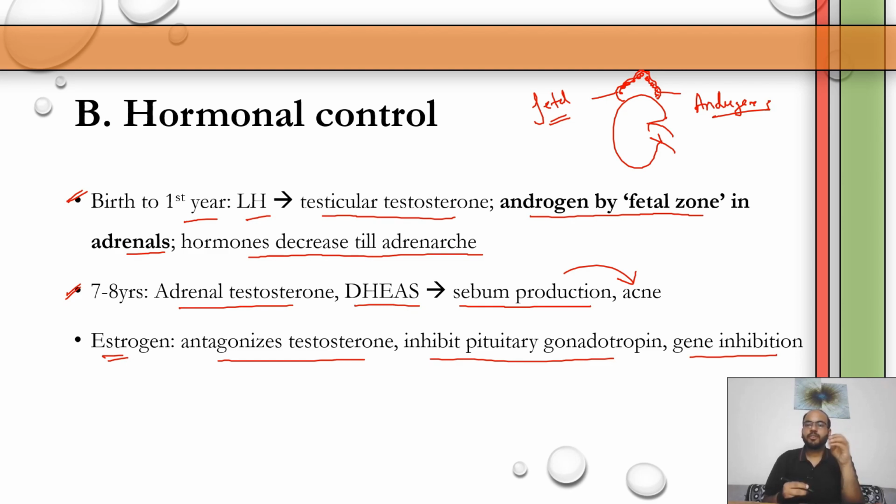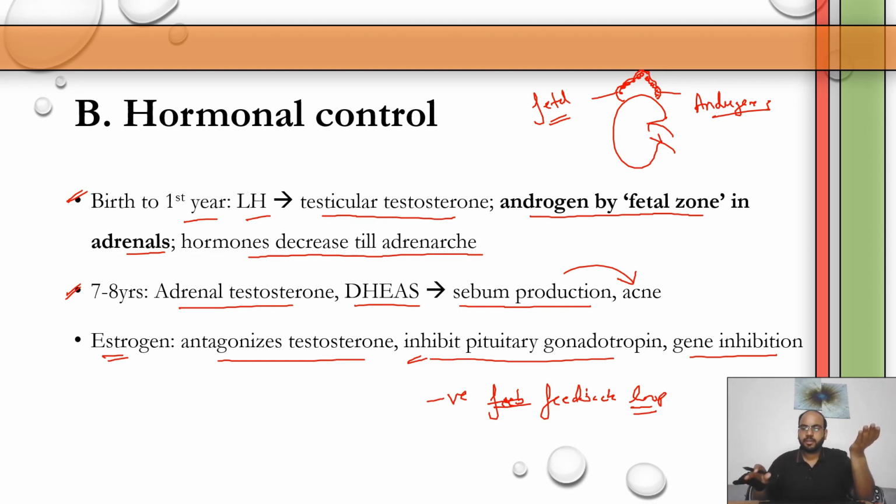It is the hormone responsible for the reverse action, which is opposite to that of testosterone. It also inhibits pituitary gonadotropin as a form of negative feedback loop, and gene inhibition, because any hormone which increases would try to limit its production as a form of negative feedback loop. So that is how estrogens help in acne.